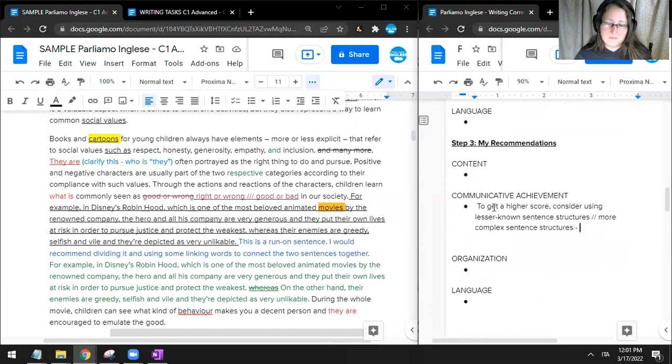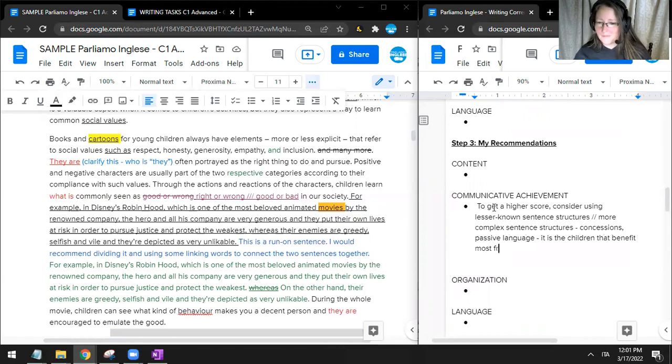And you're like, what do I mean by that? Well, maybe concessions, where we talk about a counter argument before bringing in our own argument, or passive language. For example, it is the children that benefit most from blah, blah, blah, that sort of thing.